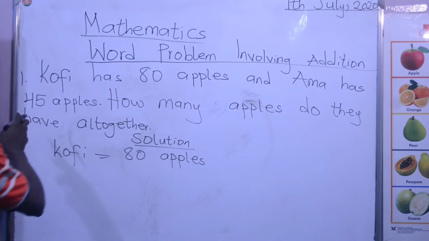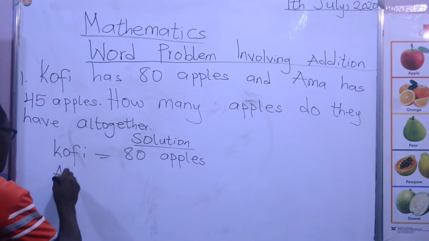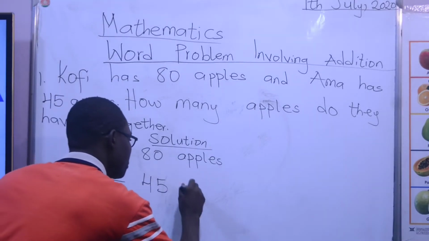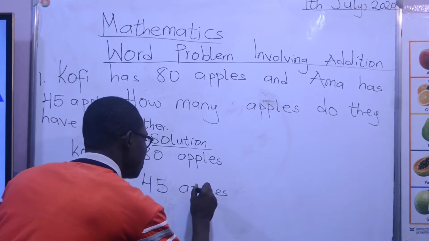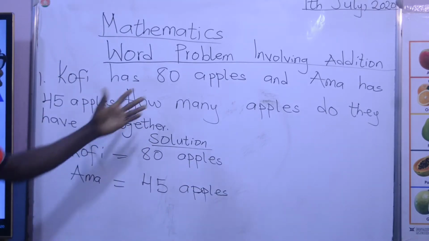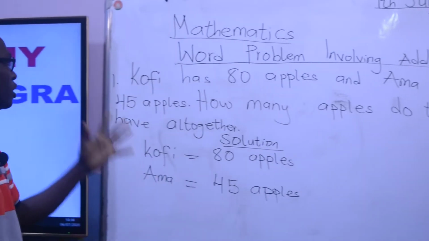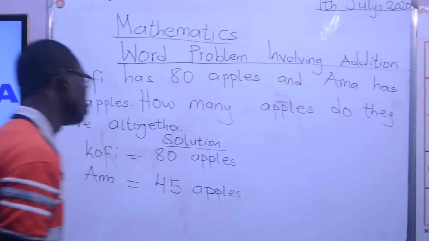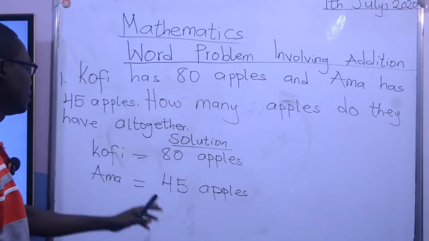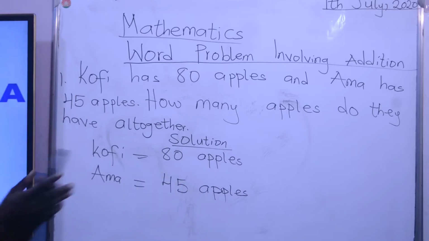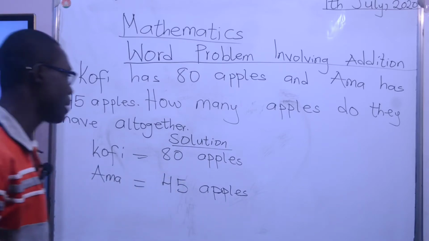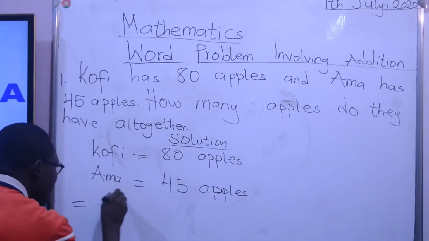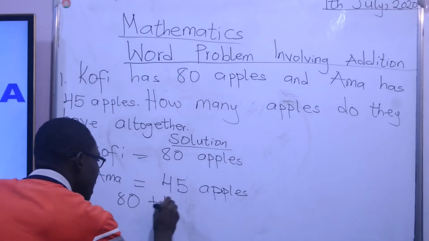And then Amma has 45 apples. So you want to know the total number of apples that Kofi and Amma have. You are just going to do it like this. You have your 80, you have 45, you just put them together. At the end of the day, you get the apples that they are all having together. So you write it: 80 plus 45 equal to.